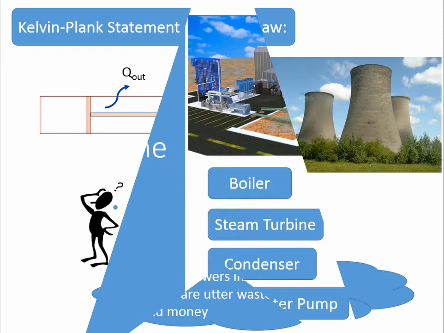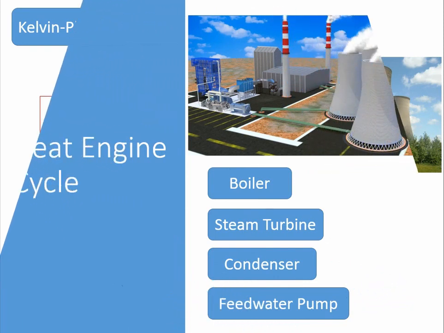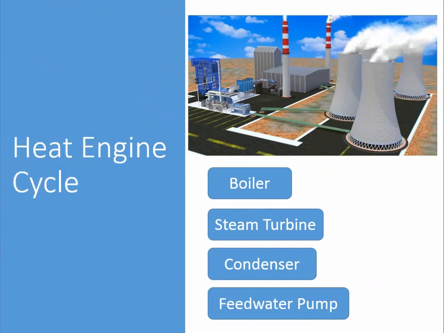After having learned the performance constraints of heat engine, let us now investigate the heat engine cycle. Probably the best living example for a heat engine cycle is the steam power plant that you see in this picture. That comprises 4 key elements.